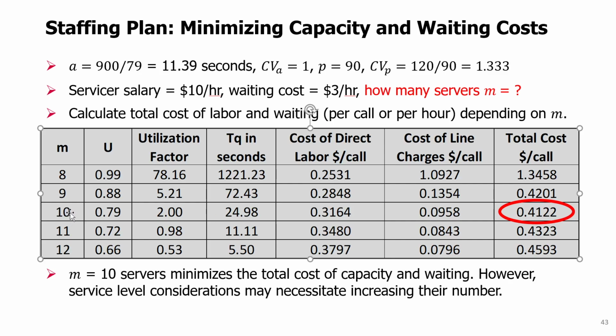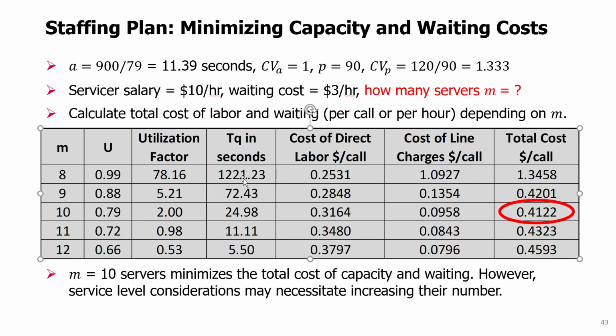When we decrease to 9 and then to 8, utilization at 8 becomes 99%. That's almost 100%, and notice the utilization factor becomes a very large number, 78, much larger than 2. You can see it affecting the average waiting time. Instead of 25 seconds, it becomes 1,221 seconds, which is more than 20 minutes.